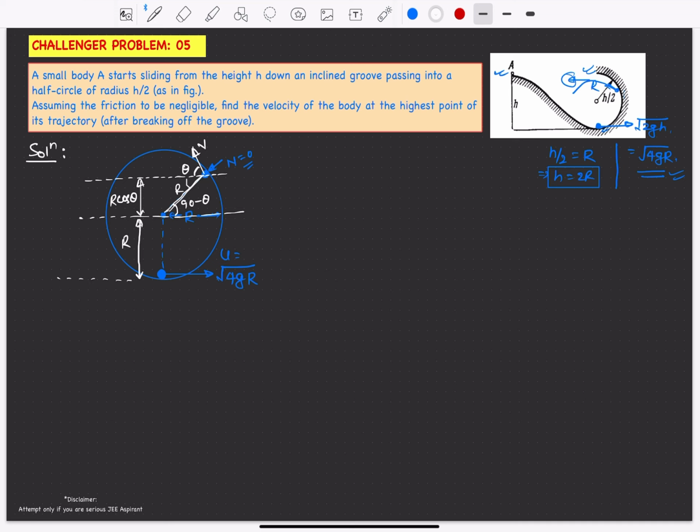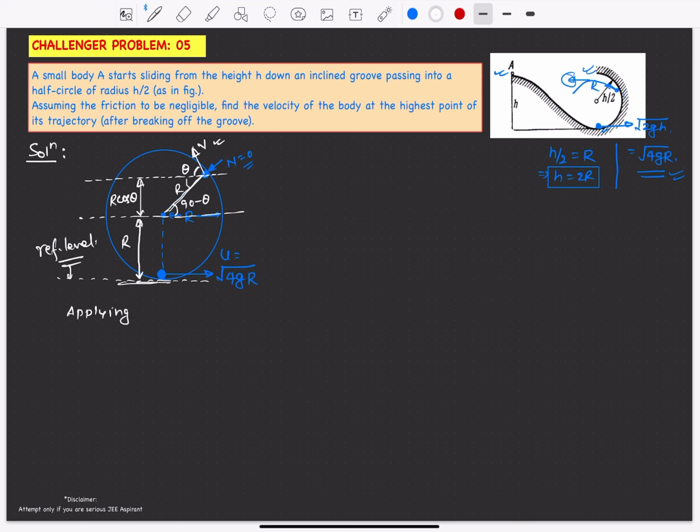Let's assume this is the reference level. The lowest position is the reference level for potential energy; potential energy at the lowest position we have assumed to be 0. Applying mechanical energy conservation, we can find v.